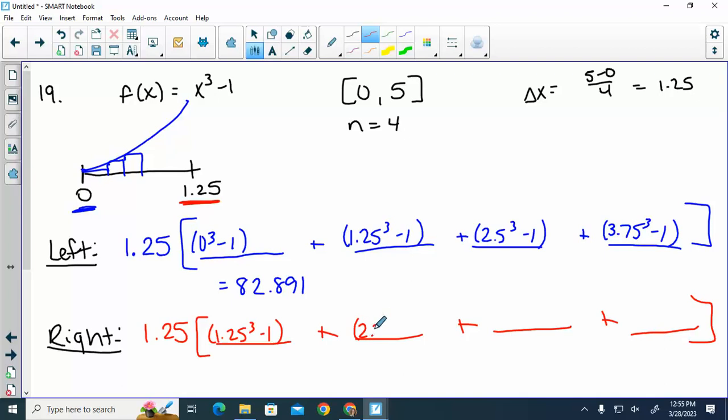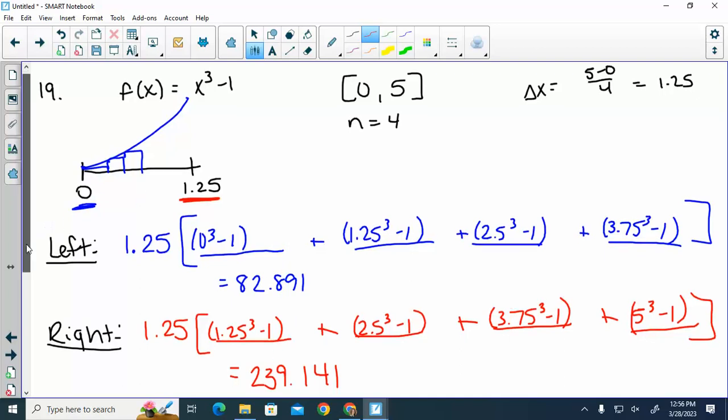So 2.5 cubed minus 1, 3.75 cubed minus 1. Your final one, if you add change in x one more time, you get 5 cubed minus 1, which was the right endpoint. And when you add that one up, you get 239.141. So we can also see the left was small and the right was big. So the left was my under, the right was my over.